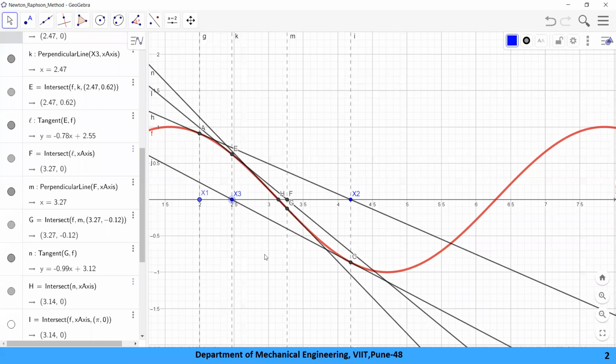Try to understand the philosophy or methodology of this method. Okay, I hope you have understood this. Please, if you want me to repeat the procedure, please put your query in the chat box. Otherwise we can move ahead with the next part.